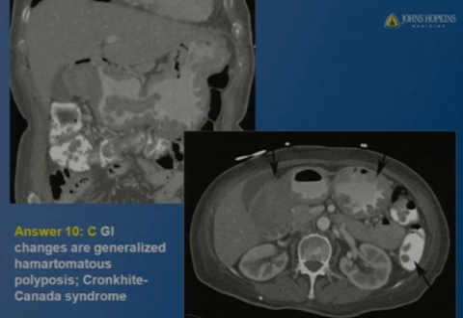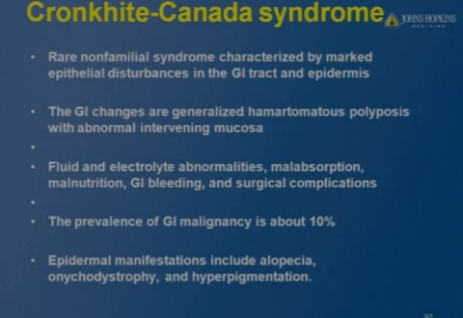It's a little tricky question, none of the answers are entirely correct, but these were the GI changes, generalized hamartomatous polyposis, which was Cronkhite-Canada syndrome. Quite rare. We happen to see one case here at Hopkins. It's extremely rare. So it's a rare non-familial syndrome characterized by marked epithelial disturbances in the GI tract and epidermis.